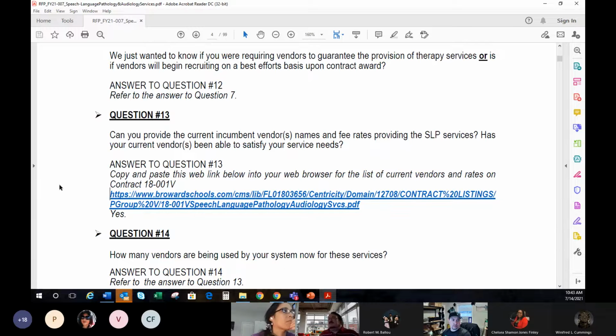So basically, you'll want to go through our website, and I believe it's contracts or something like that, and it has every single contract that we have, the start date of the contract, the expiration date of the contract.